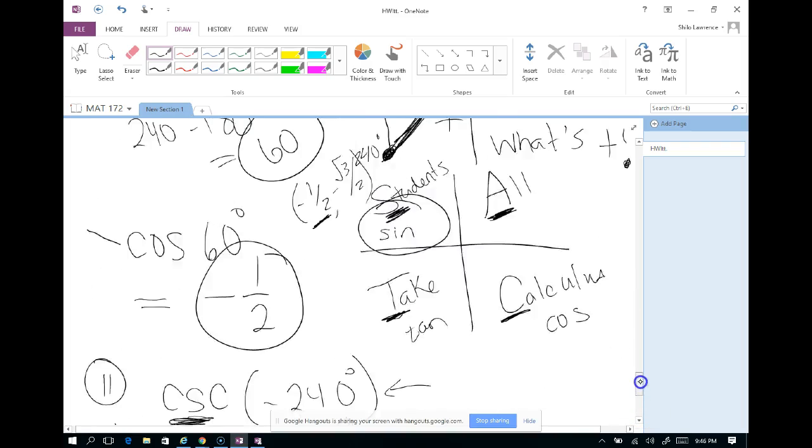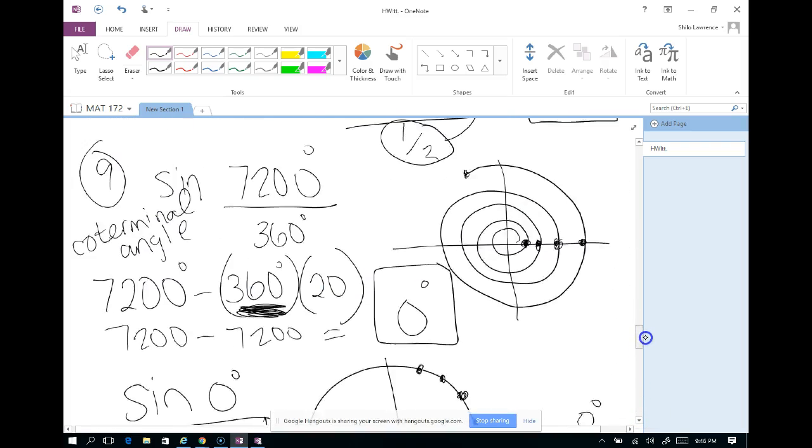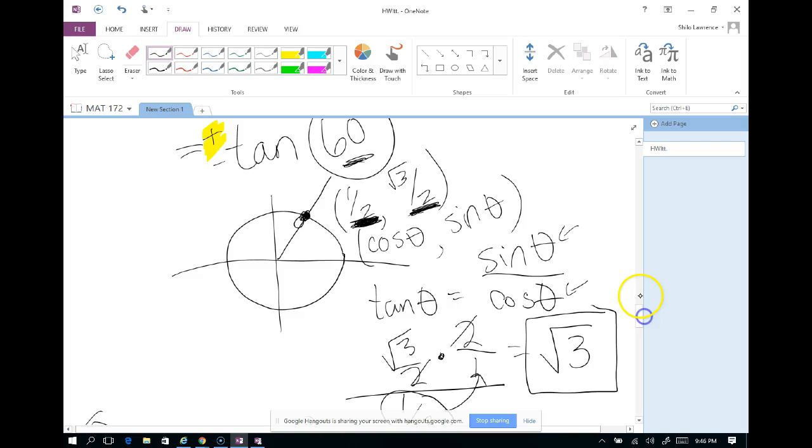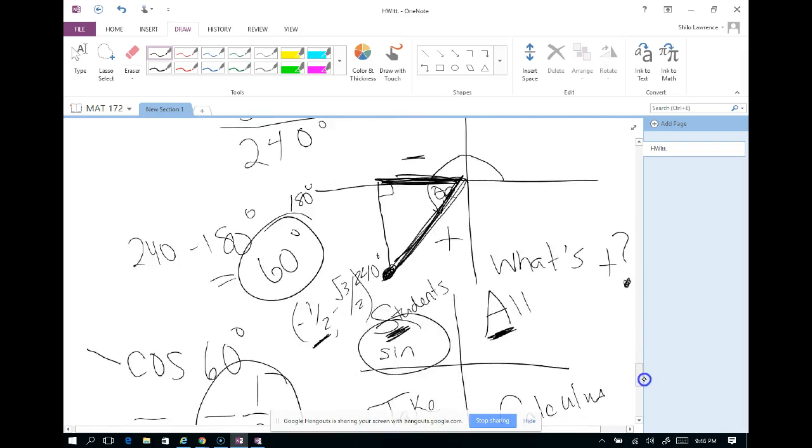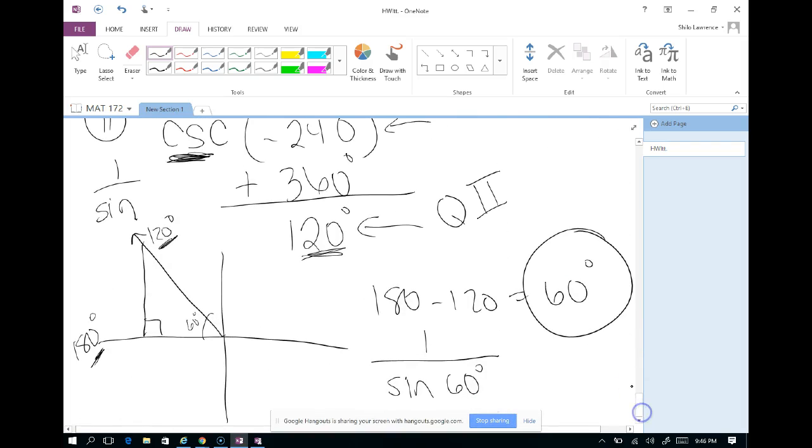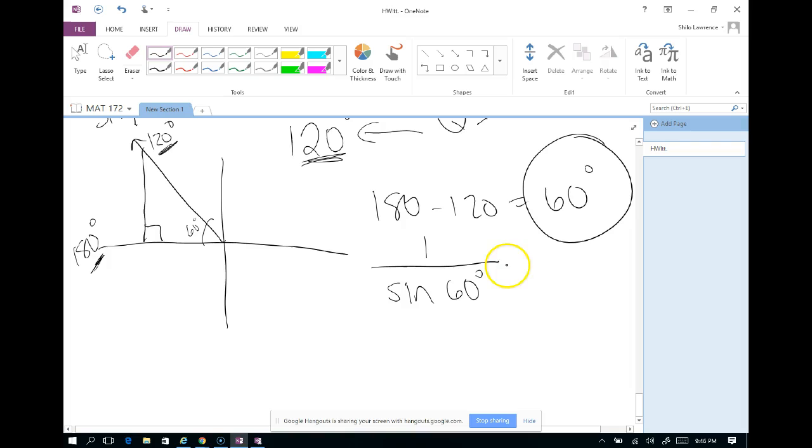So on our unit circle, we had this one marked. We said that point would have a sine value of radical 3/2. And we're going to flip it. So think of it as 1 over radical 3/2. Instead of dividing by a fraction, we will flip and multiply.